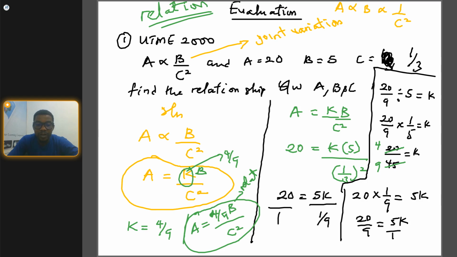What are the types of variation that we discussed today? Direct, indirect, and joint variation. Okay, thank you for your response. And what do we say letter K is in today's class? It is the constant. Letter K is the constant.